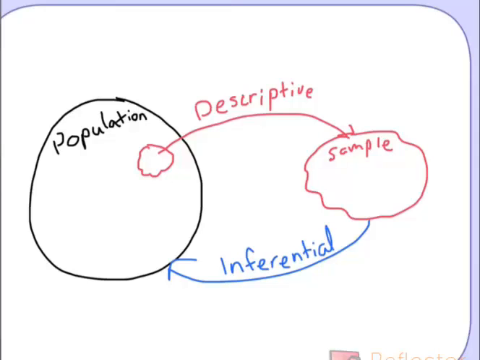Inferential statistics is where we look at our sample information and we make some type of prediction back onto the population. So we're going to take what we know about the sample and go back and predict what it means about the population.